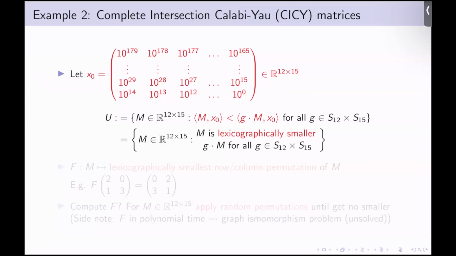Just as before, when we had S3 acting on R3, what we really did was ordering our vector from big to small, in lexicographical order. It's the same thing here. You want to order your matrix so that if you write it line by line, one after another, into a long vector with 180 entries, this vector is lexicographically as small as possible.